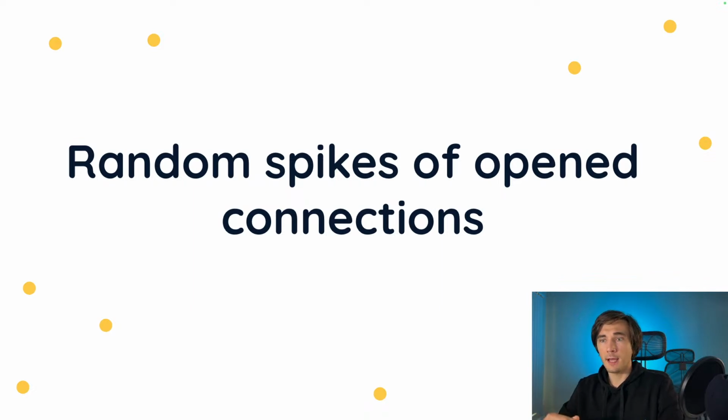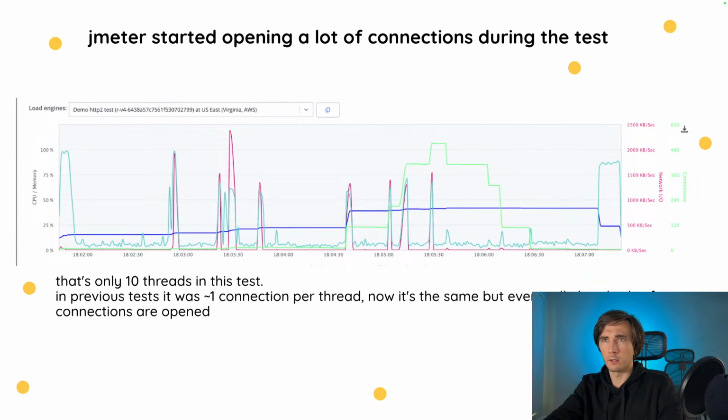At some moment I figured out that in my test, the same test I was running before, we are still using a lot of CPU sometimes when sending requests, but not too much RAM. So the RAM started growing slower. But the problem is the random spikes in the number of connections.